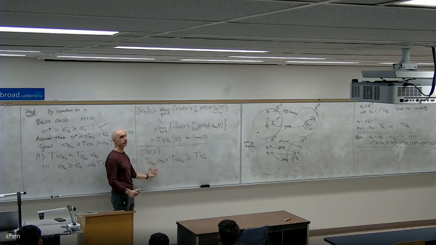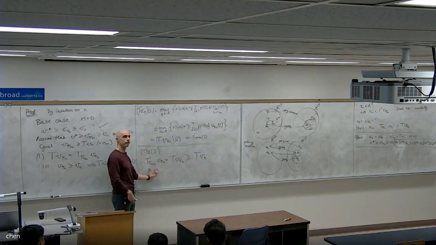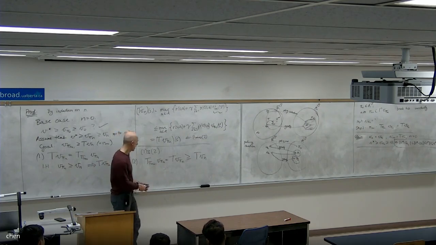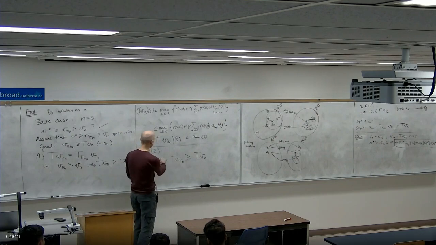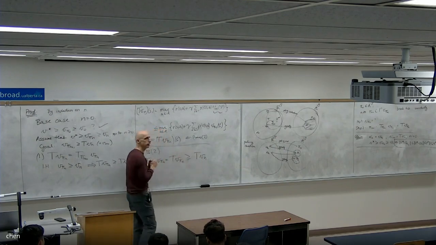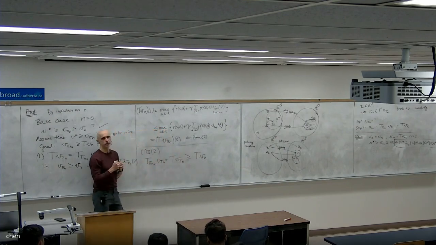Baby steps. Let's see whether you can do this when you apply this operator twice first. Applying this twice suggests that maybe we should just apply the operator on both sides of this inequality and then see what happens.